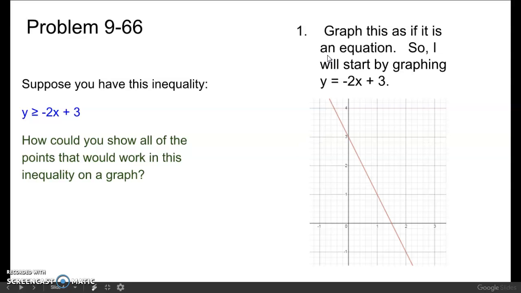So the first step is to graph this as if it is an equation. So I started by graphing y equals negative 2x plus 3. I, of course, did this on the Desmos graphing calculator, but if I were doing it by hand, I would look at the y-intercept, 3. Slope is negative 2, so I would go to the right 1, down 2. There's my next point, 1, 1.